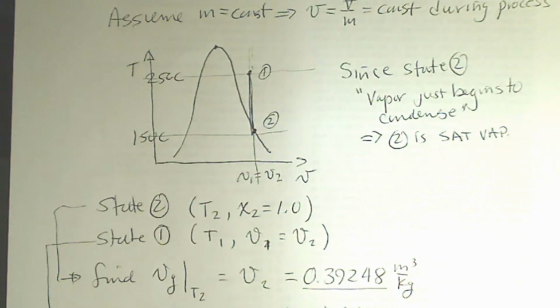The superheated tables are arranged in subtables according to pressure, and I'm going to have to scan across the page along lines of T equals 250 degrees C until I find this value in the table, or I find two values on either side of that value at 250 degrees C. So I'm starting, and when I'm looking at, for example, 20 kPa, the value is 1.19, which is way too large.